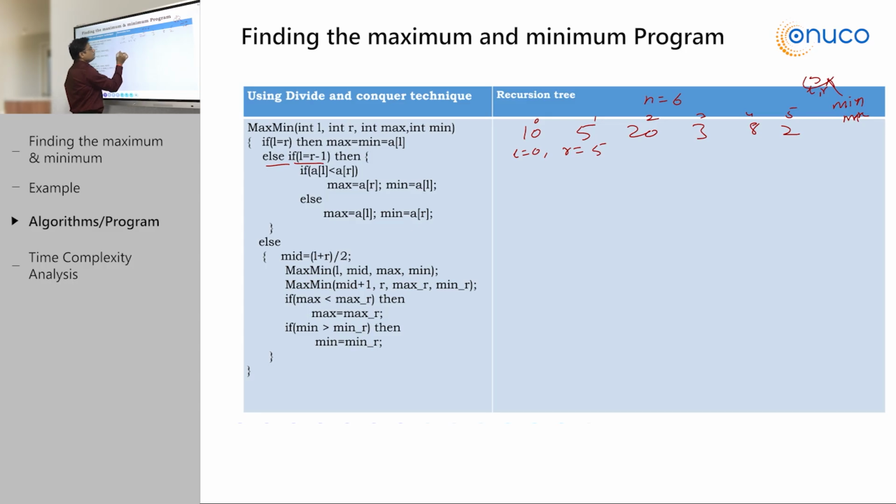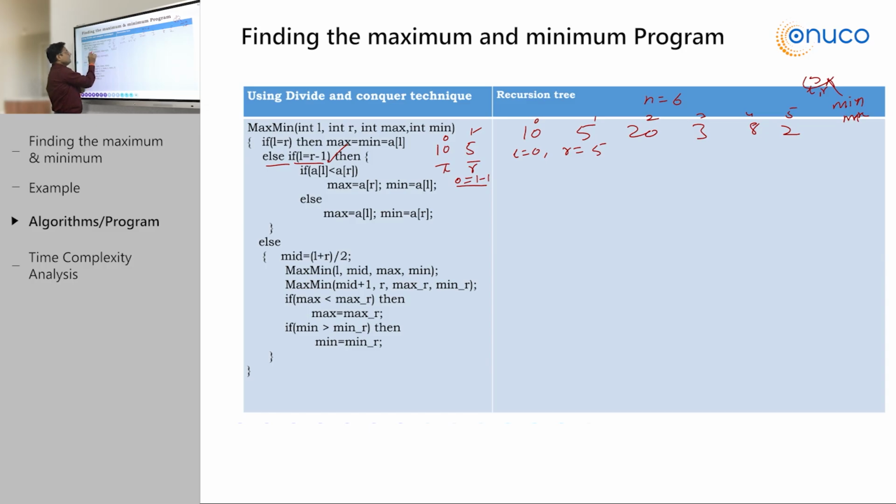Say we have two elements, 10 and 5. We can see that 10 is the maximum and 5 is the minimum. Here index 0 is the low index and R is 1. The condition is if L is equal to R minus 1: 1 minus 1 is 0, so it falls in this case, not the first case.